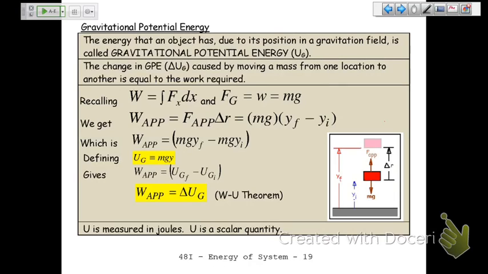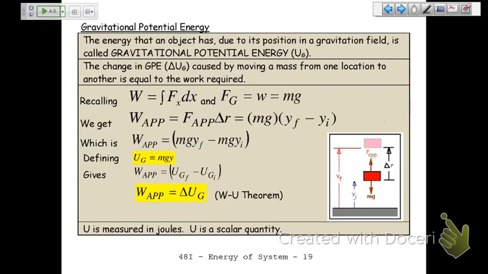Work is equal to my change, not in kinetic energy this time, but in gravitational potential energy, because there's no velocity to speak of. This will take hours to happen, and there are no springs. So the changes are in gravitational potential energy.